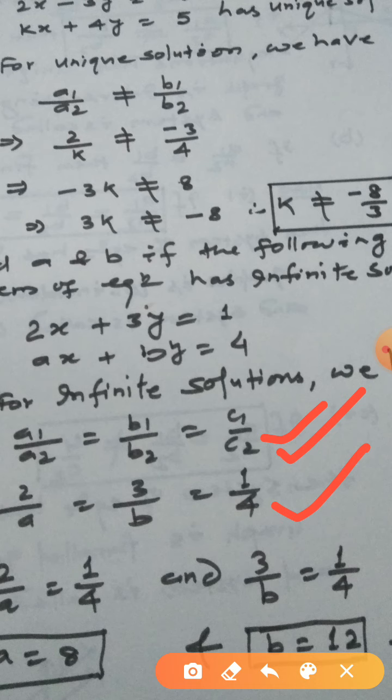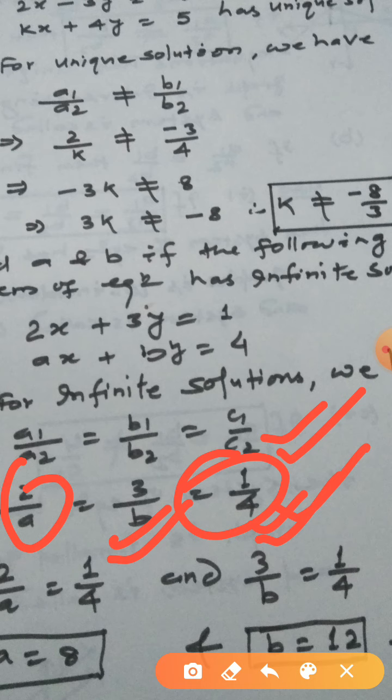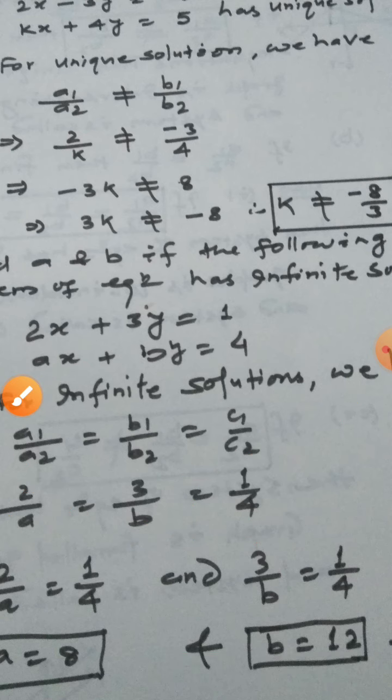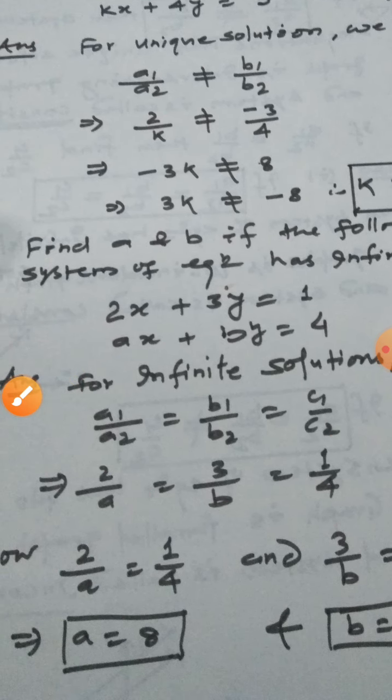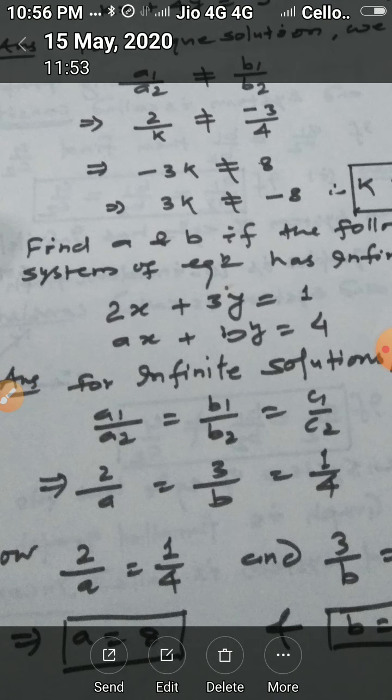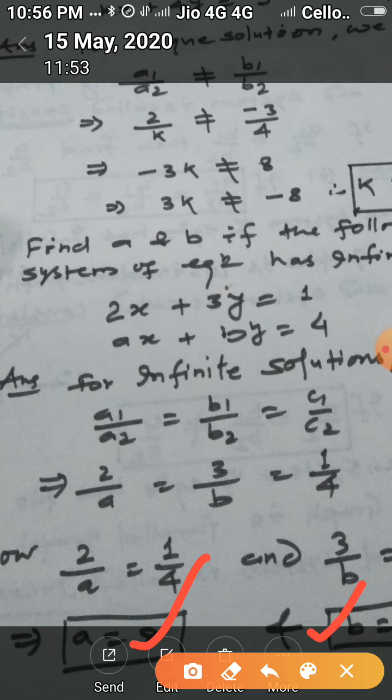Now taking the a term with the constant term, that is 2 by a equal to 1 by 4 one time, and another time taking the b term and constant term, that is 3 by b equal to 1 by 4. So we can solve and get the value of a equal to 8 as shown here, a equal to 8 and b equal to 12.